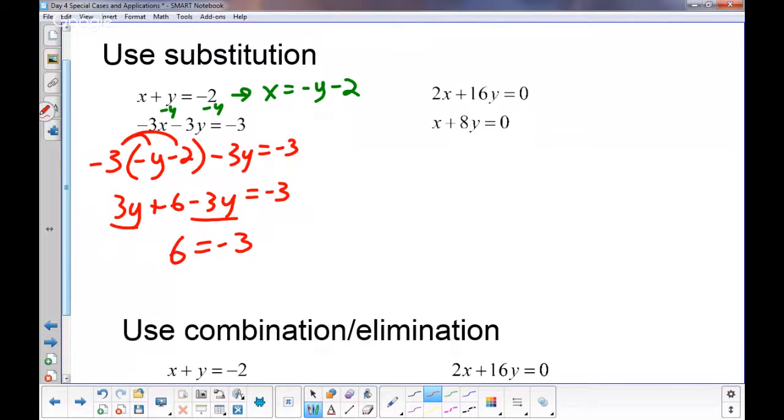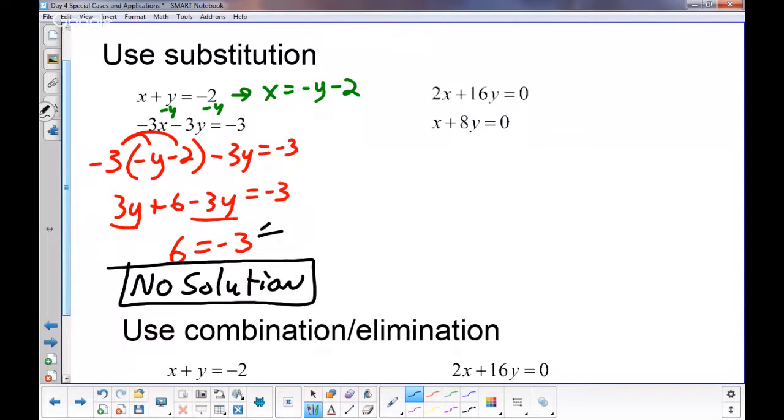So with that being said, since that's an untrue statement, there's no way this can happen. We get no solution. And there's my answer. Untrue statement. It's not possible. So we get no solution as my answer.